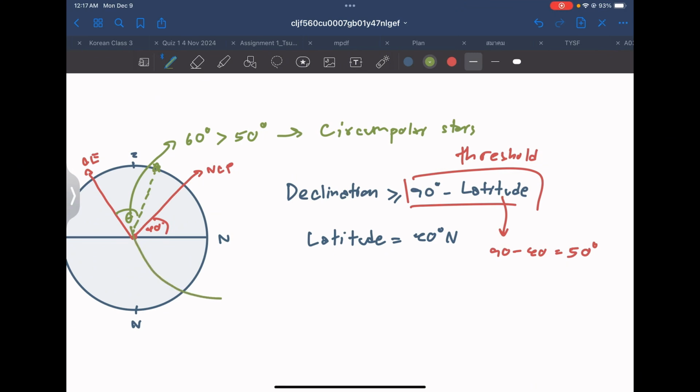However, if this theta is like 30 degrees, it is less than 50 degrees, so it is not circumpolar. Easy, right? That's all.